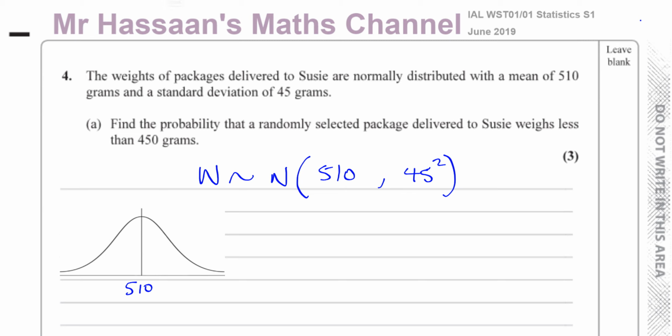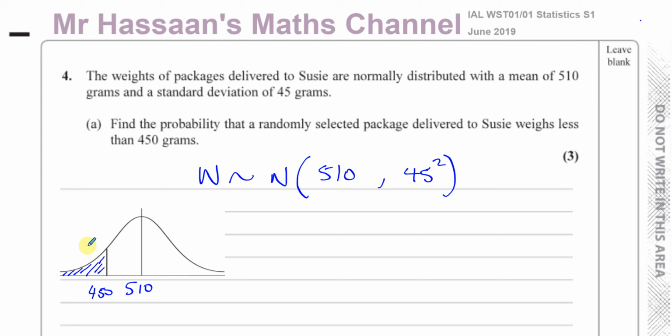So 450 grams is below this mean, it will be over here. We want to find the probability that it weighs less than that amount, so we want to find this probability here.